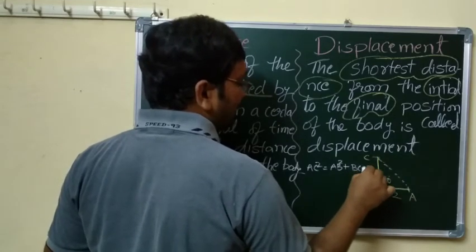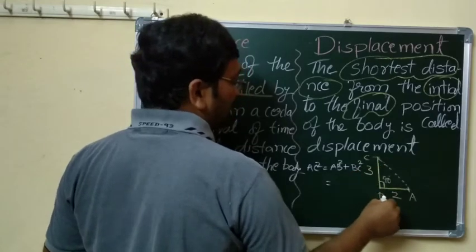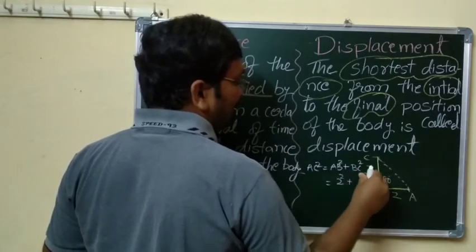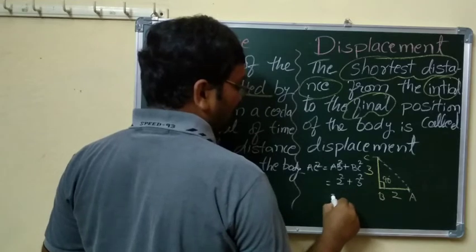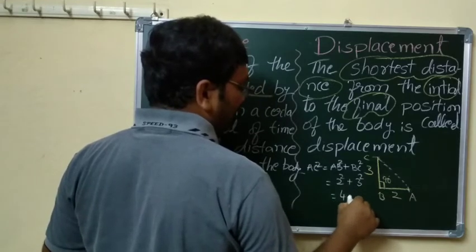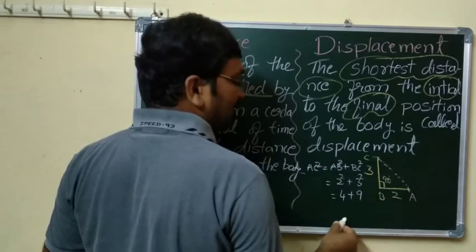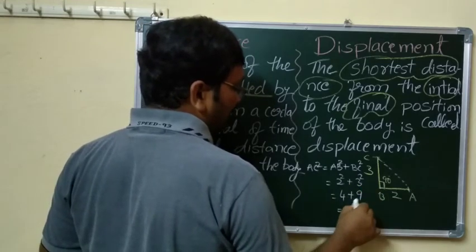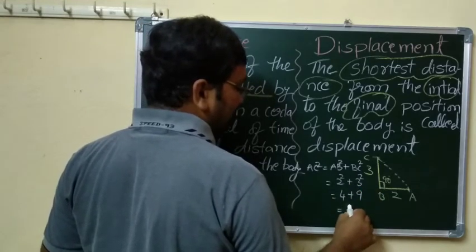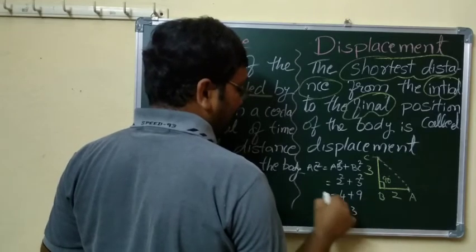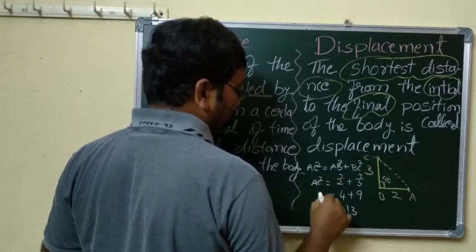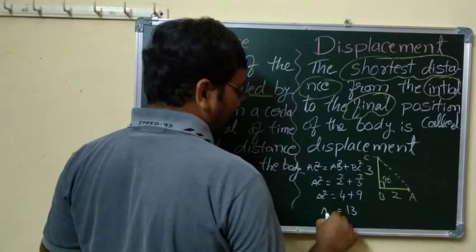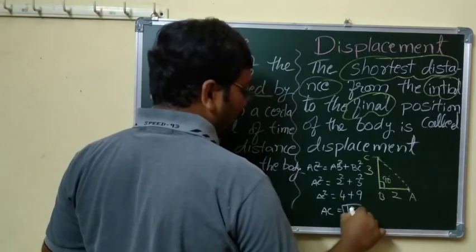The adjacent square is 2 square, and this is 3 square. So it becomes 4 and 9. 3 times 3 is 9, 2 times 2 is 4. Now the total together is 13. So this is AC square, and AC equals root 13.